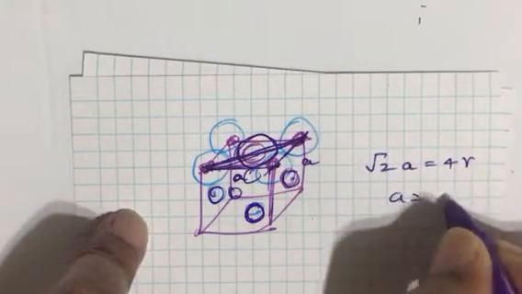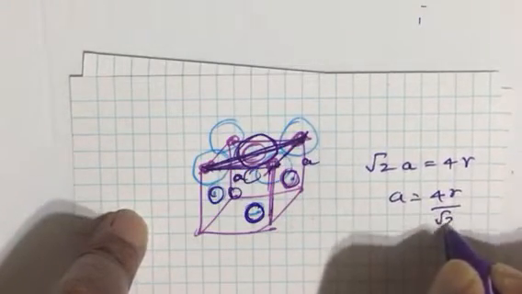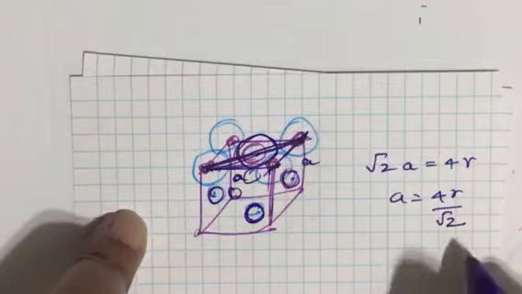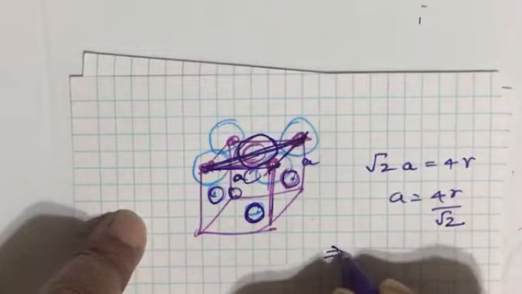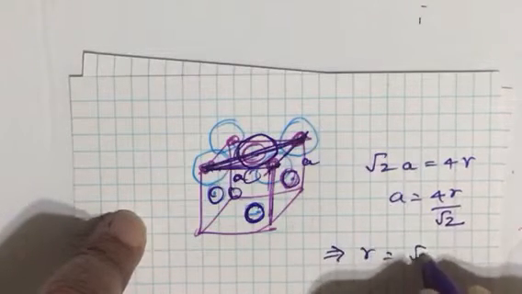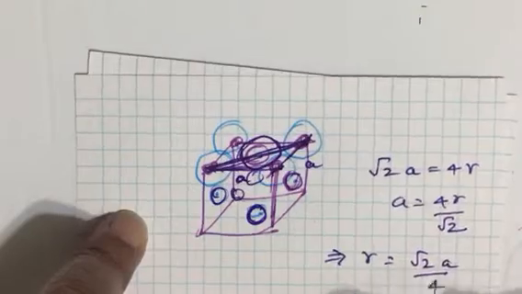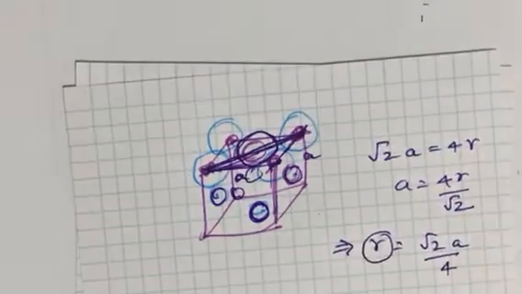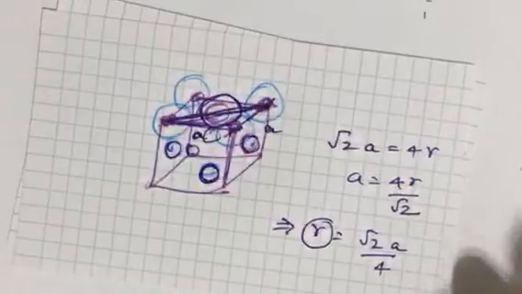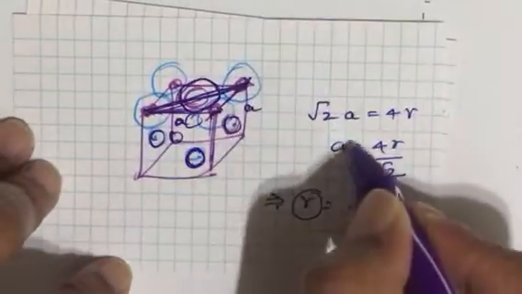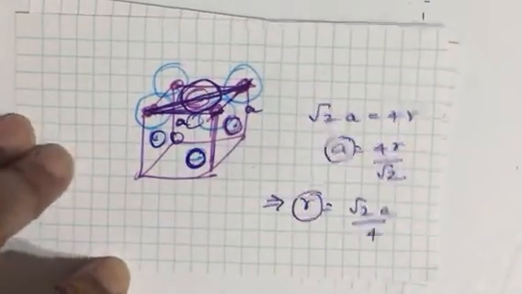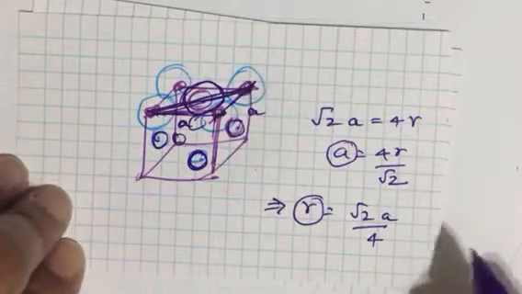Now a is equal to 4r by root 2. It also implies r is equal to root 2 a by 4, where r is the radius of the particle making the crystal lattice, and a is called the edge length of the crystal system.